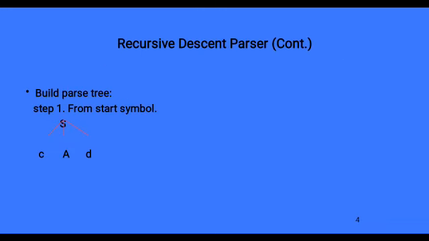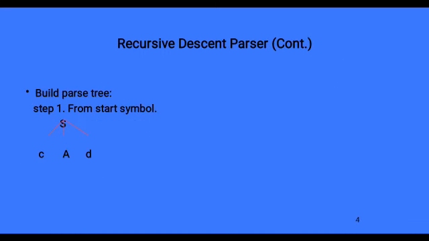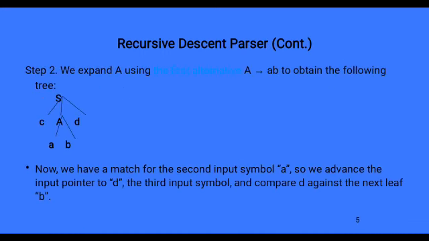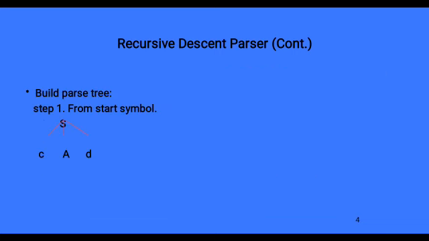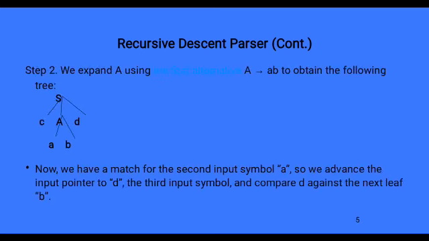Already we have drawn this, and in the capital A place we have to substitute a, b or A. So in the next step, capital A is substituted with small a, small b.